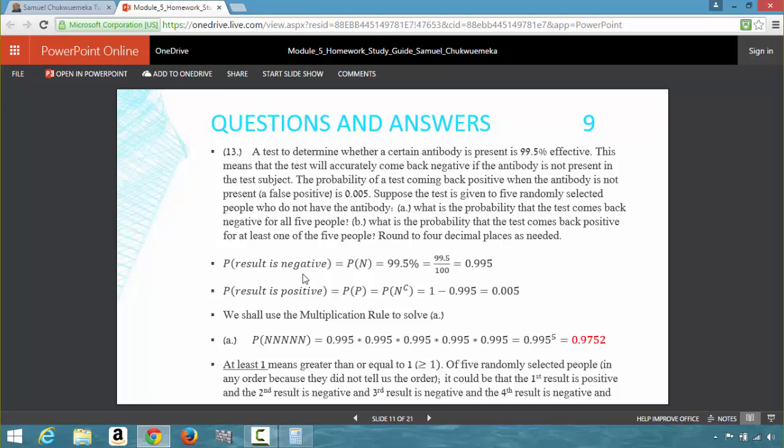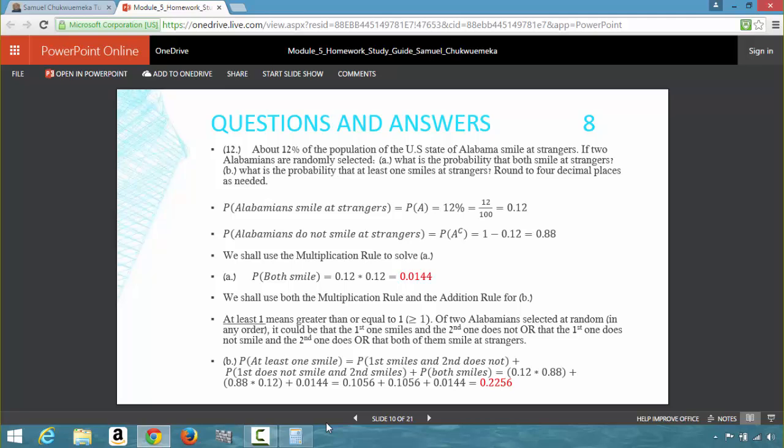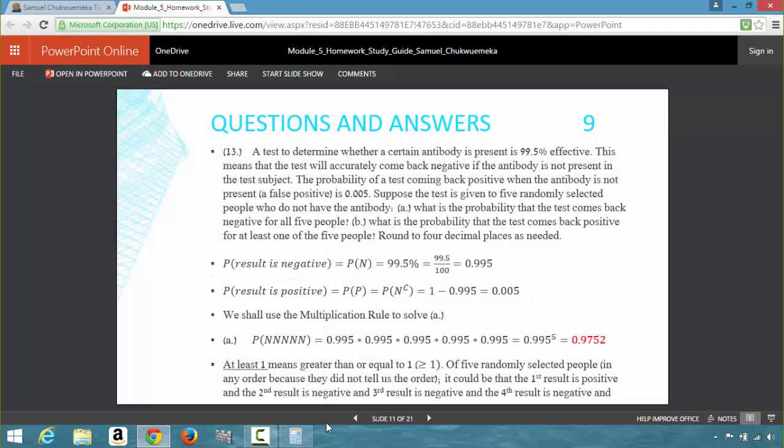Or it could be first, second positive, then the third, fourth, fifth negative. I mean, if you keep doing it, if it was the previous one we did, it was easy. First one does not smile, second one smiles. Or first one smiles, second one does not smile. That is only 2 people, or both of them smile. But in this case, this is 5 people.